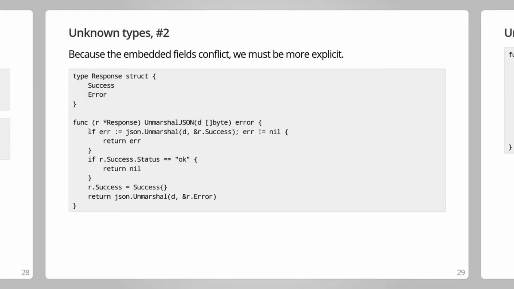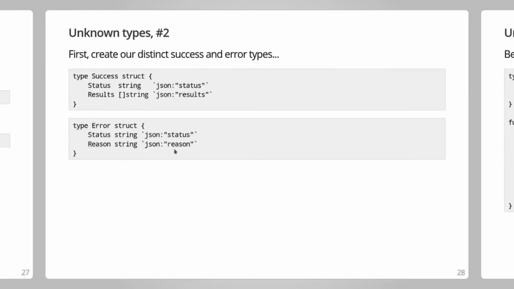So the first thing this function does is it just tries to unmarshal into success. Now, of course, if it returns an error, then we return that error as well. But it's not enough to check for an error. We have to also check the value of status, because supposing we get an error value, it will still successfully unmarshal. It just won't have the error field reason here.